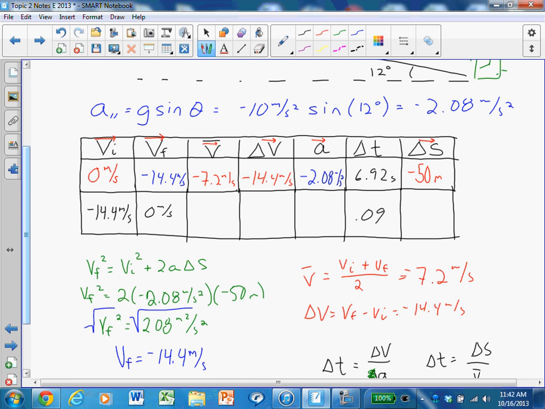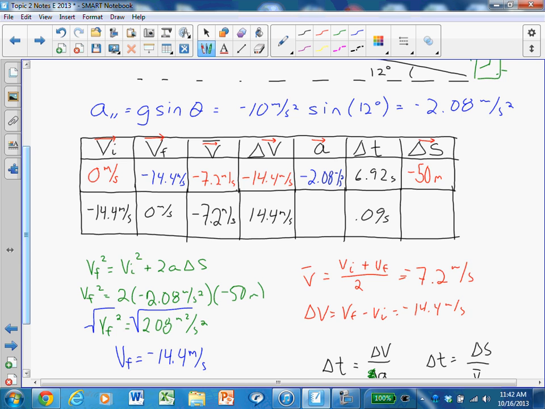So, I have formulas written down that allow me to calculate average velocity. Oh, it's the same. How interesting. But delta V would be VF minus VI, so that would actually be a plus, wouldn't it? Let me show that.